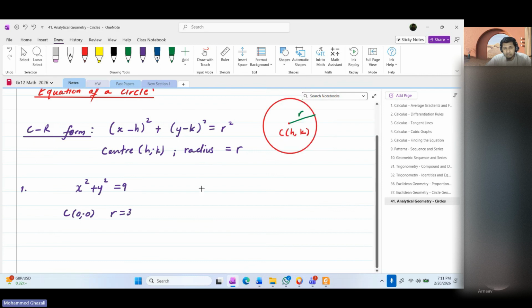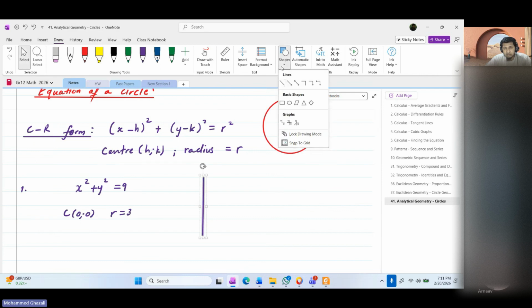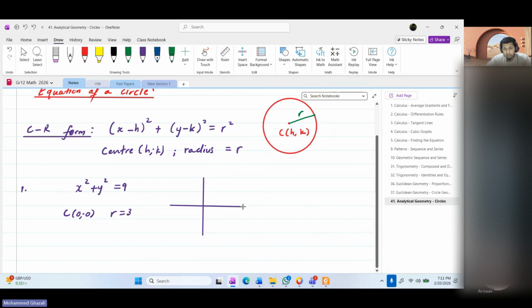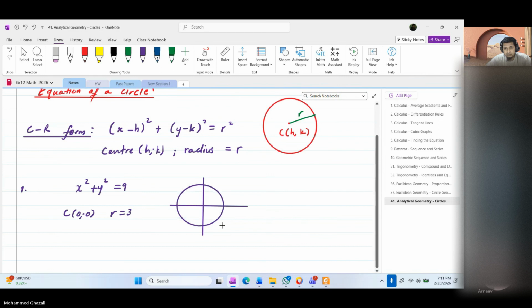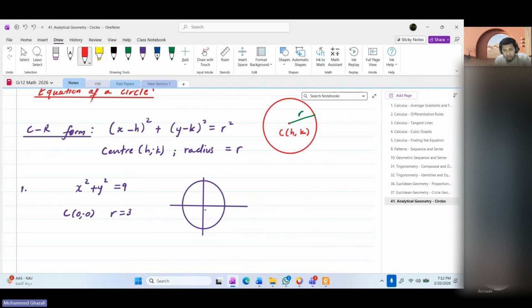The center will be at (0, 0), and the radius is 3. And so you get the picture. So this is 0, x-axis, y-axis, and the radius is 3. So negative 3, 3, negative 3, and 3. And you can see that's clearly the center, and that's the radius.